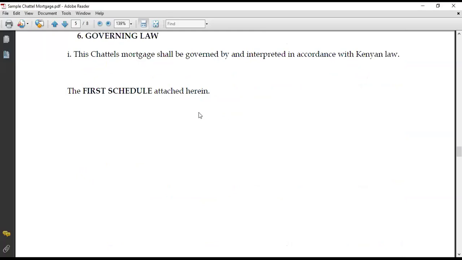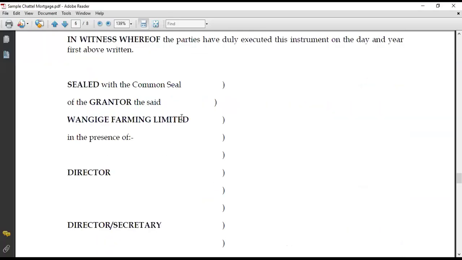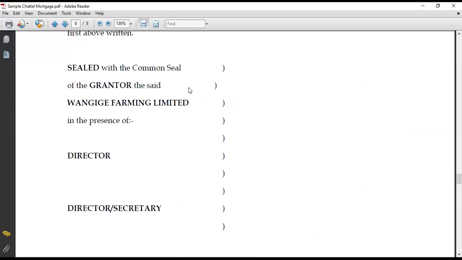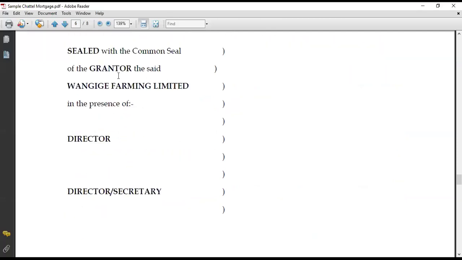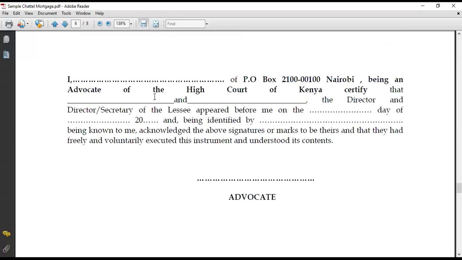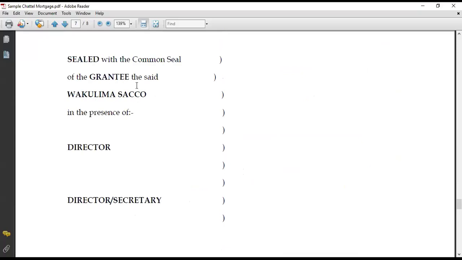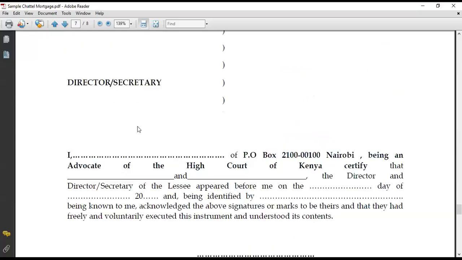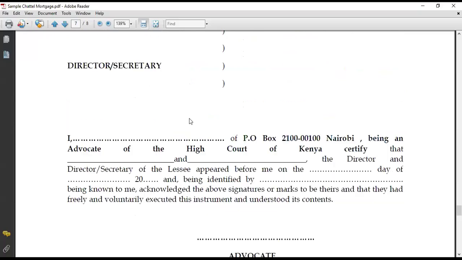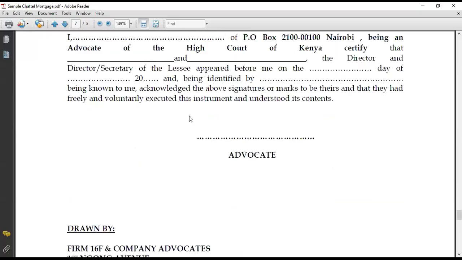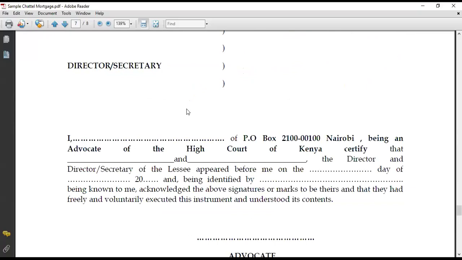Then you sign: in witness whereof the parties duly executed this instrument this year, sealed by the said grantor, and then witnessed by an advocate, sealed by the grantee, then the advocate witnesses. This sample charter mortgage is in the notes, under commercial notes on the website.